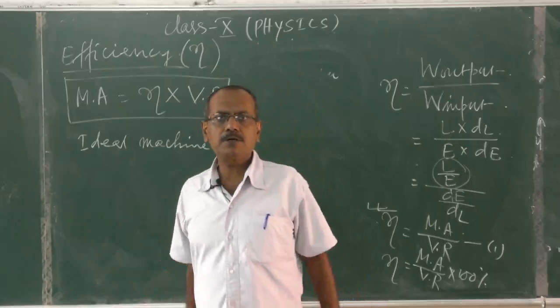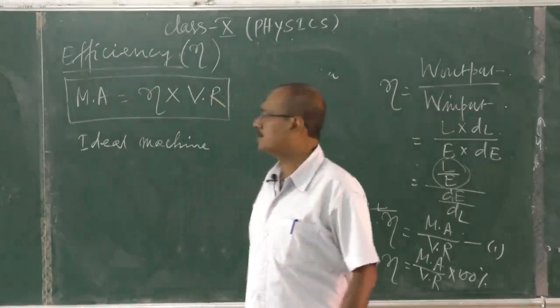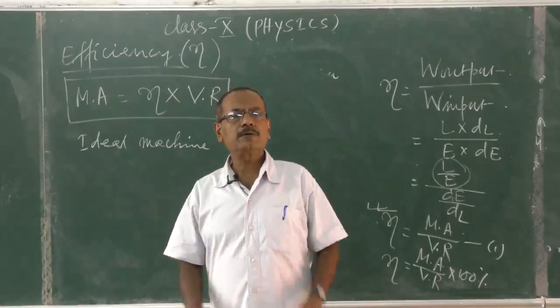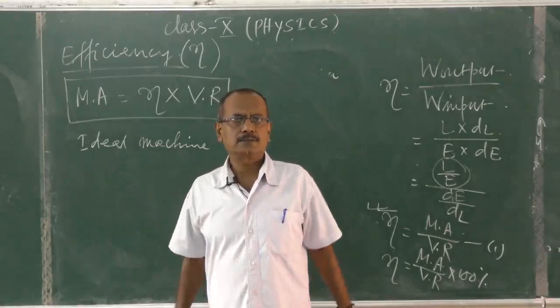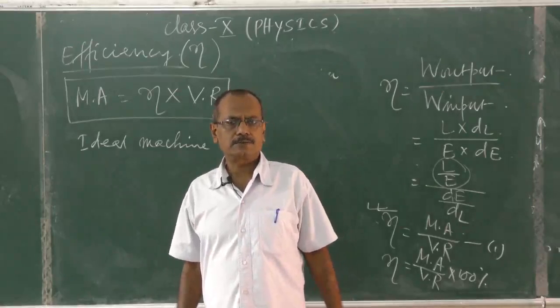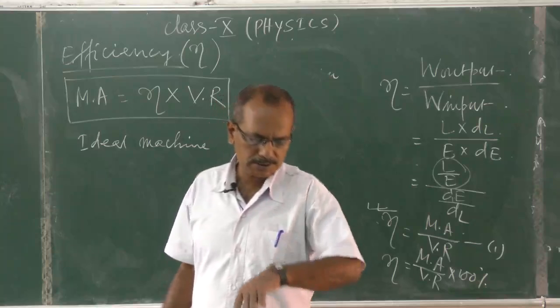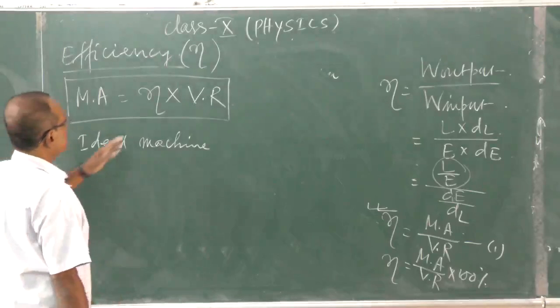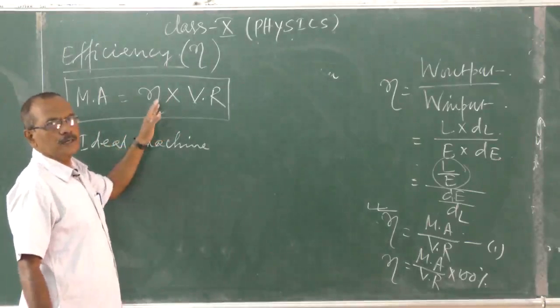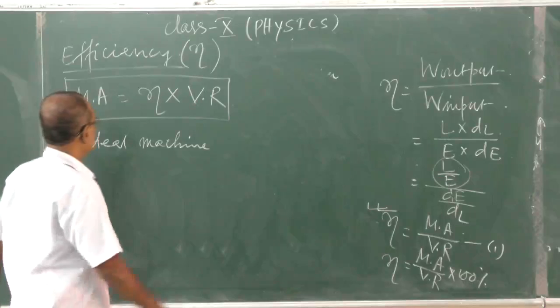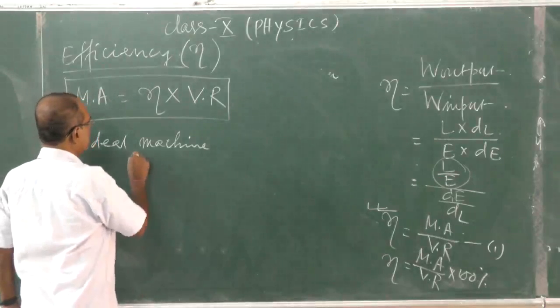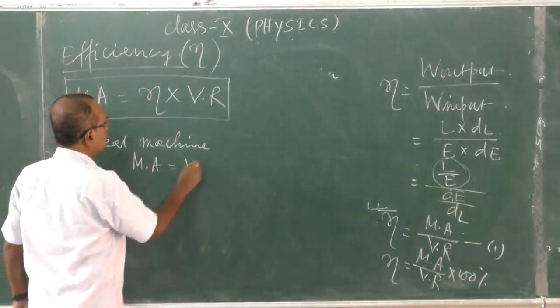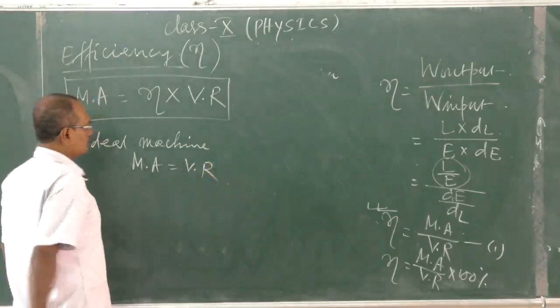So that machine will be 100% efficient. Efficiency of machine is 100%, that is, efficiency will be 1. It means for ideal machine MA is equal to VR.